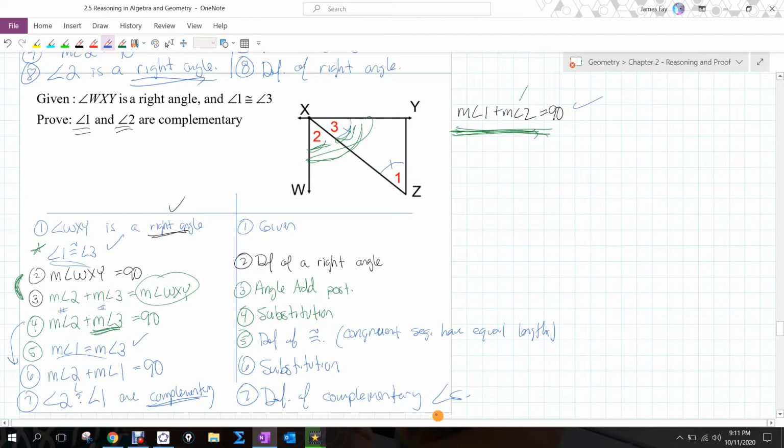These types of proofs, guys, initially there are going to be several different tiers of students. Some people are going to get this right away. It's going to make perfect sense right away. Some people are going to struggle with it, but they're going to push through and they'll get it. It'll sink in. There's another group that's going to work and work and work, and it's not going to make a whole lot of sense until one day a light bulb goes off and everything will click.